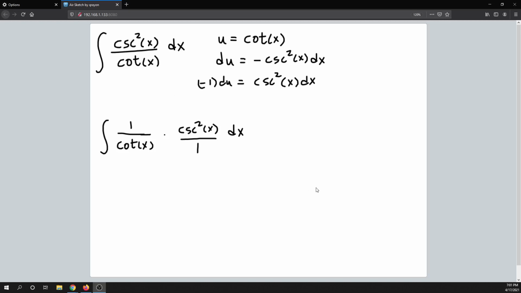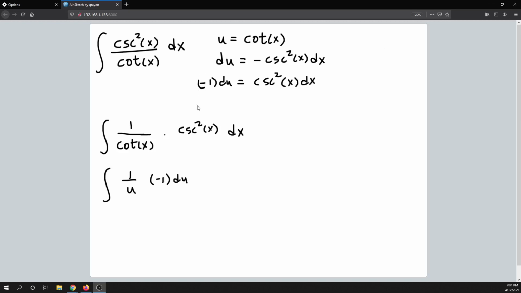And if I have some expression over 1, I don't really need to write that, because anything divided by 1 is just itself. Okay, so now it's really easy to see how the substitution is going to go. For 1 over cotangent, I'm going to have 1 over u, and cosecant squared x dx, that's exactly whatever I have over here on the right-hand side. In terms of u, that would be exactly equal to -1 times du.